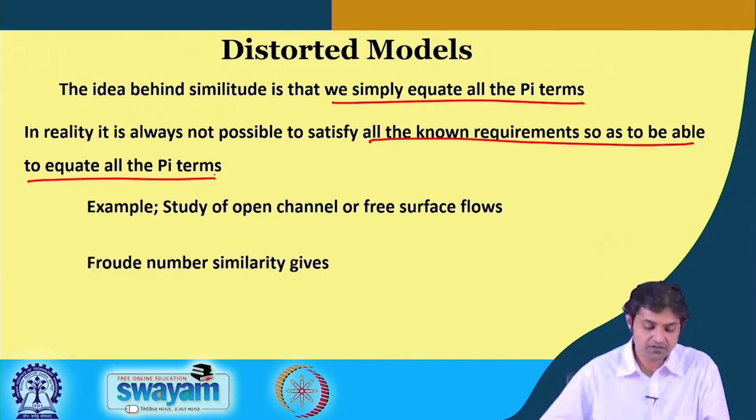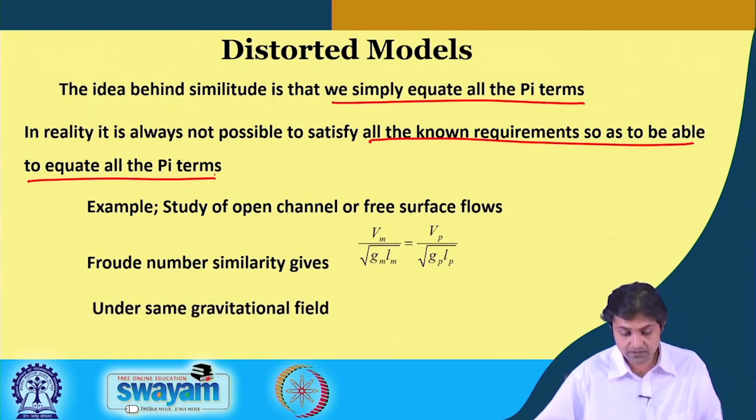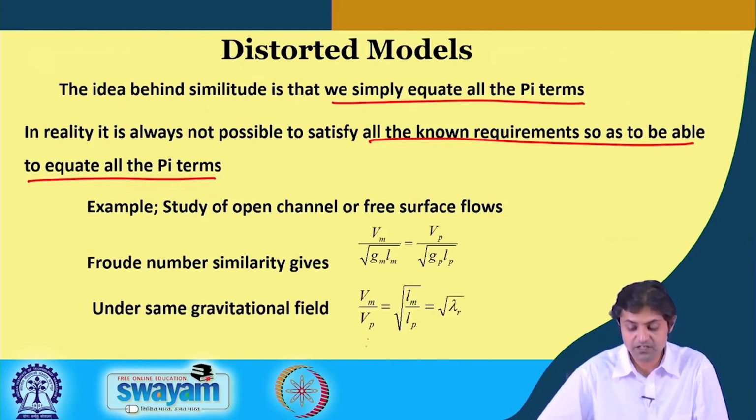In this case, the Froude number similarity will give Vm by under root gm Lm is equal to Vp by under root gp Lp, right. And if we have the same gravitational field, this will give Vm by Vp.